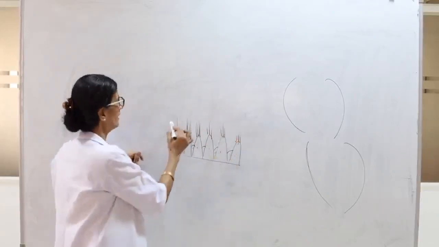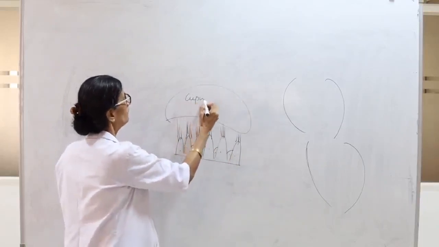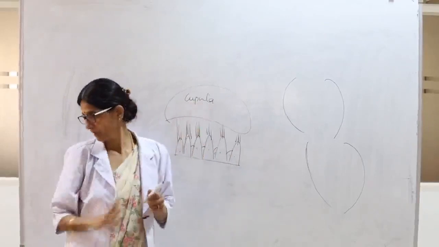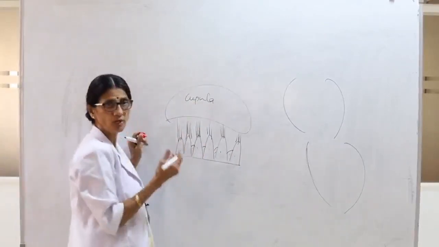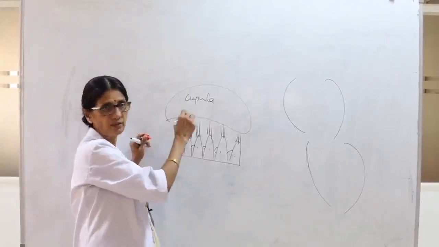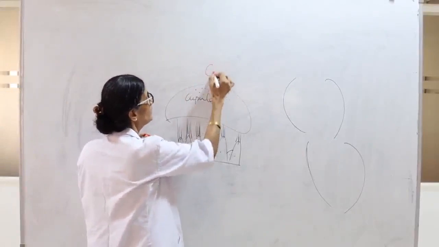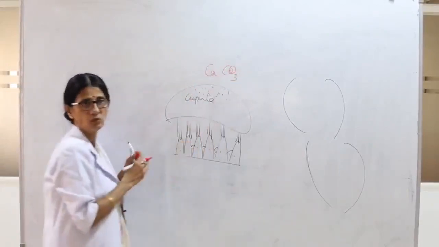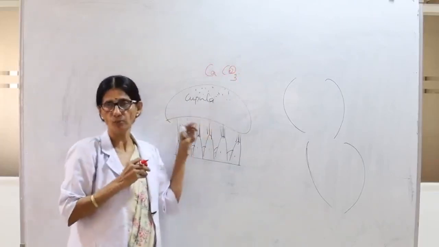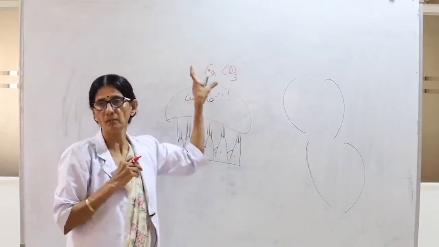And we also have the gelatinous material, which is a cupula. But another important difference is that this cupula, or the gelatinous material, is studded with very many calcium carbonate crystals. This gelatinous material on top of the hair cells of the ciliated epithelium is studded with calcium carbonate crystals.